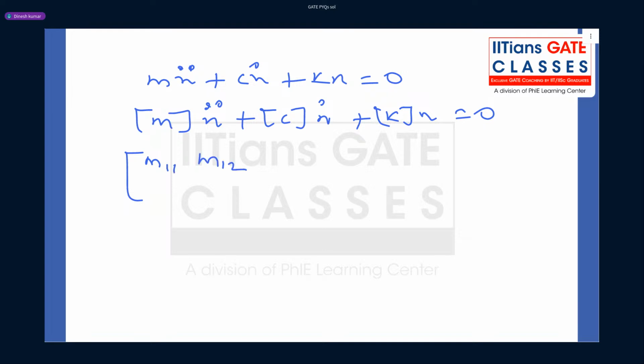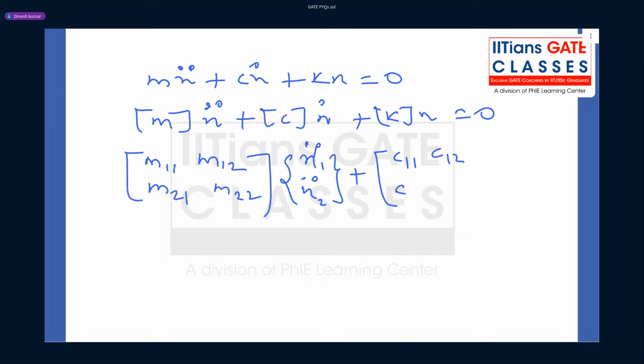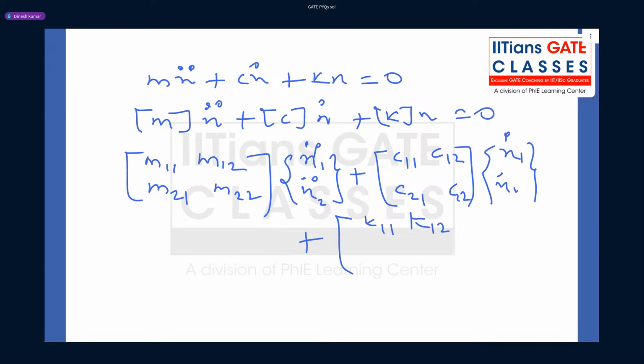Now for a 2 degree of freedom system, this M matrix is written as M11, M12, M21, M22, multiplied by X1 double dot, X2 double dot. Then this C matrix is again C11, C12, C21, C22, multiplied by X1 dot, X2 dot, plus K11, K12, K21 and K22, multiplied by X1, X2.